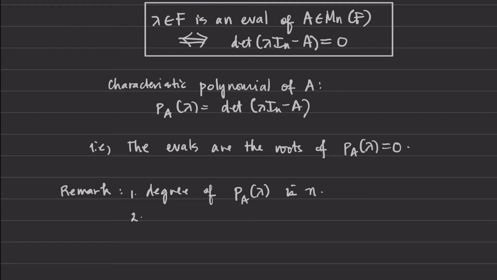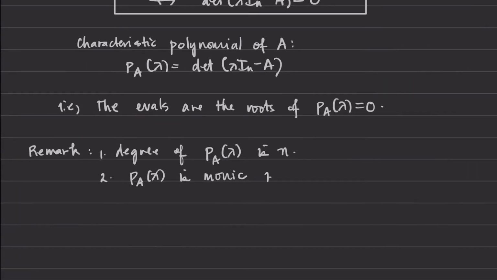Yung pangalawa, the characteristic polynomial is monic. Ano ibig sabihin ng monic? Bakit ko ginamit x? Lambda pala ang variable natin. Okay? So, lambda, ibig sabihin, yung term niya with the highest degree is lambda^n. Monic, 1 yung coefficient, kaya naging lambda^n kasi ang degree n.